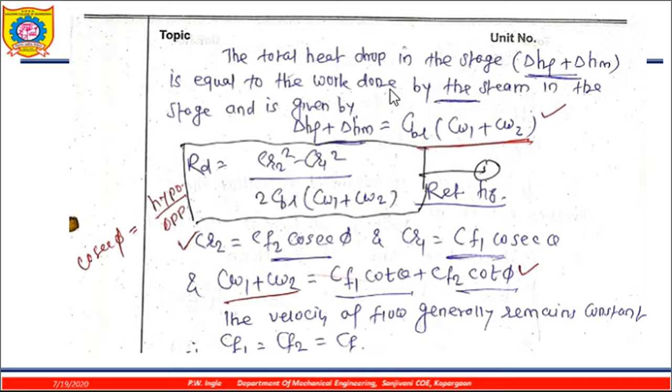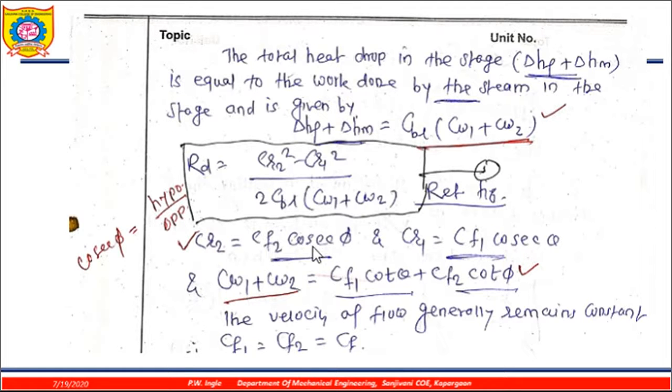The work done is Cb into Cw, where Cw is Cw1 plus Cw2. Therefore the degree of reaction is the heat drop in the moving blade upon the total heat drop, which is (Cr2 squared minus Cr1 squared) by 2 upon Cb into (Cw1 plus Cw2).